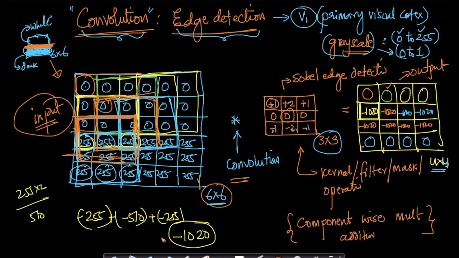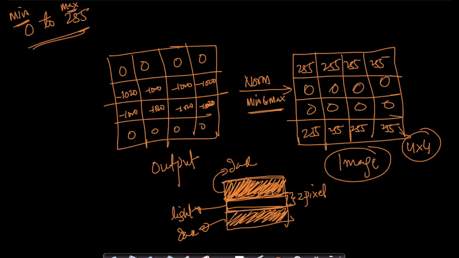So I hope you're convinced now that applying convolution using Sobel horizontal edge detector helped us detect an edge in an input image. Sobel is just one type of edge detector. There are tons of edge detectors in image processing. You might wonder, okay, this has detected horizontal edge, but what about vertical edge?